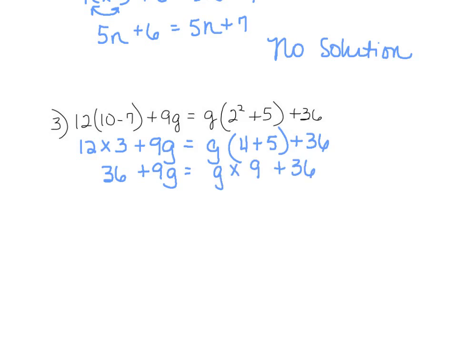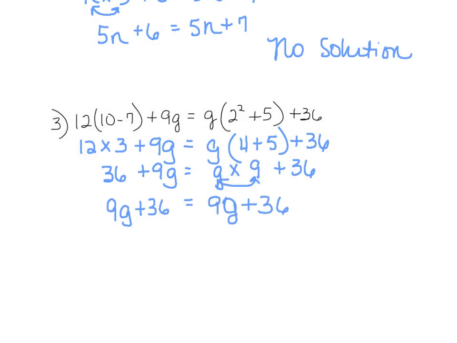Now let's write both of these in the correct form. We said that variable terms go first. They go in alphabetical order and descending exponents. So I need to switch the order of these. 9g + 36 is equal to, we know that g times 9 is 9g, plus 36.